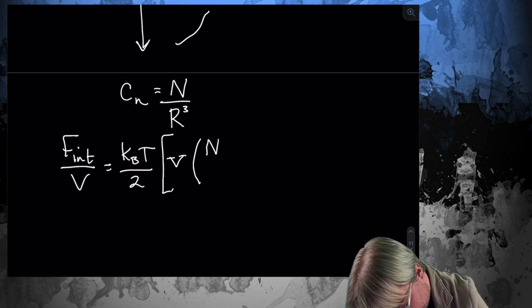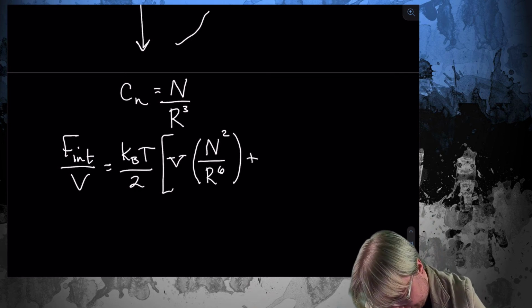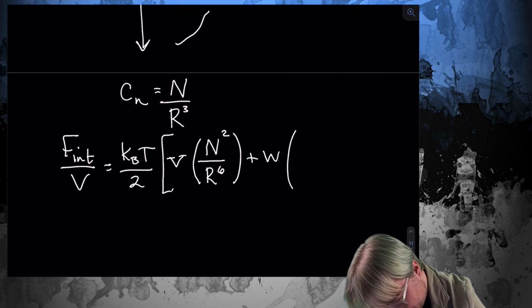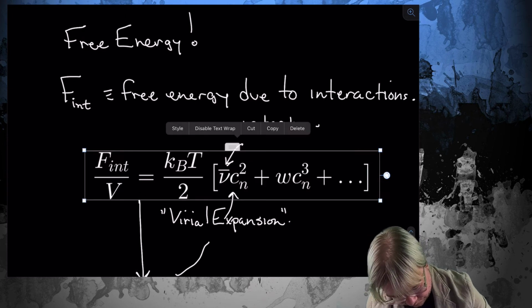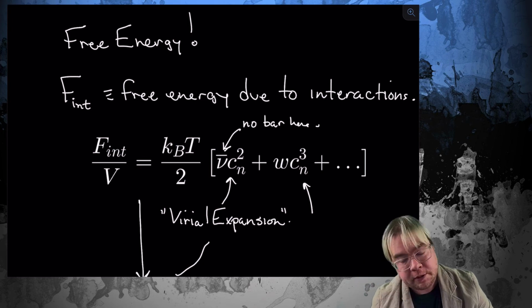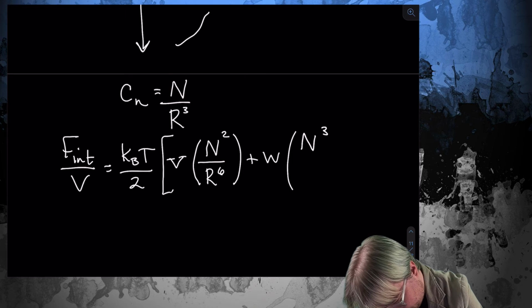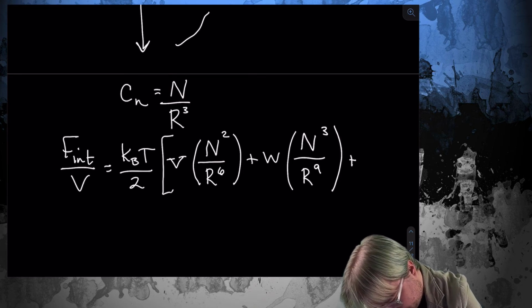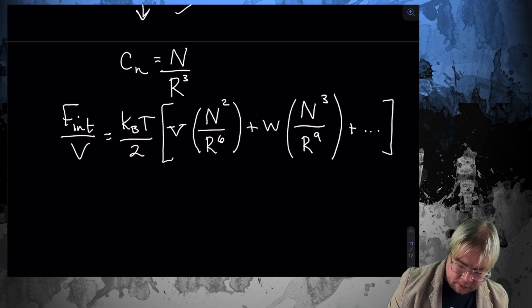So we get N squared divided by R to the 6th. That's easy. And then we get that second term W times Cn cubed, right? We have Cn cubed. So in that case, we've got N cubed over R to the 9th plus ... Okay, goes on forever. All right.